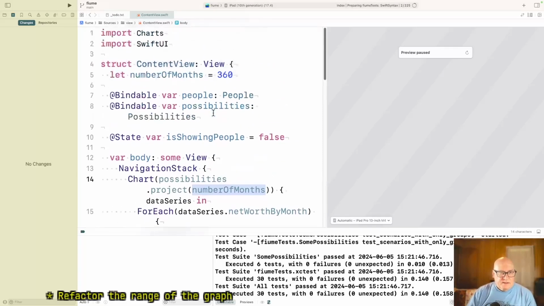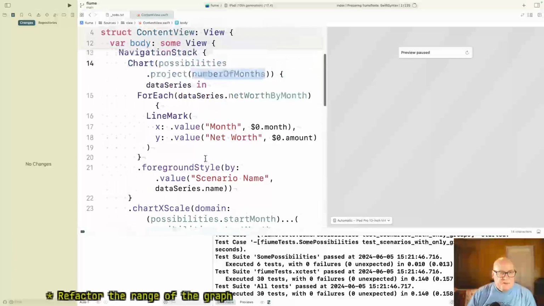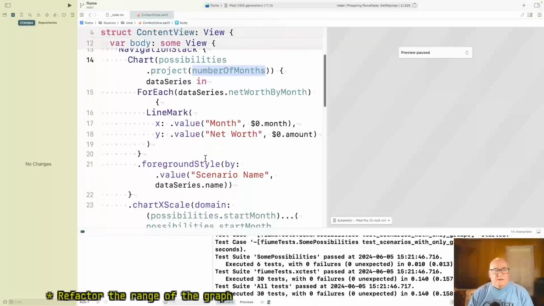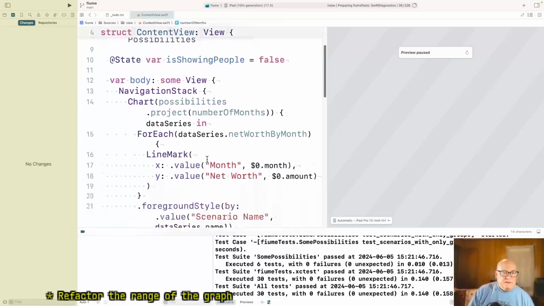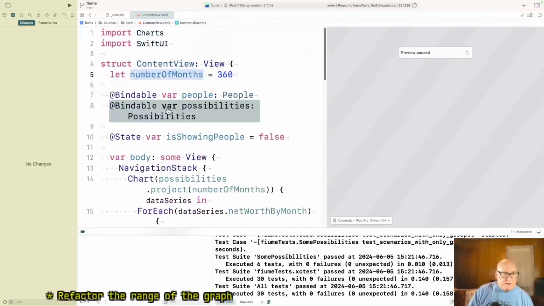Okay, now the thing that's funny to me, well, both these in effect work on the number of months. Sorry, possibilities.